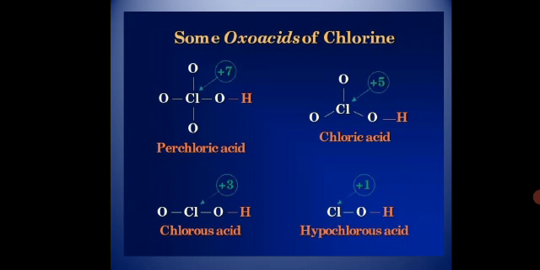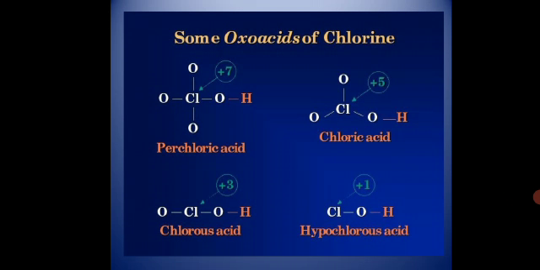Note this point, it's very important. They are strong acids and good oxidizing agents. Their oxidizing power is less than that of halous and hypohalous acids. You can see it on the screen, that is +1 and +3, hypochlorous and chlorous, whereas chloric is +5.